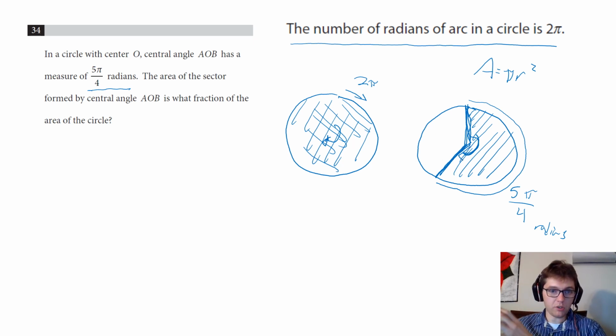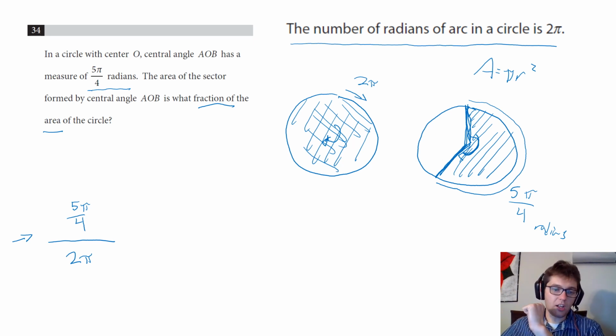Because it's proportional, the fraction of the area will be the same as the fraction of the angle. So the fraction of the angle is the angle that you're interested in, 5 pi over 4, divided by the full circle, which is 2 pi. This is the fraction of the angles, but it is of the area too, because it's the same fraction.